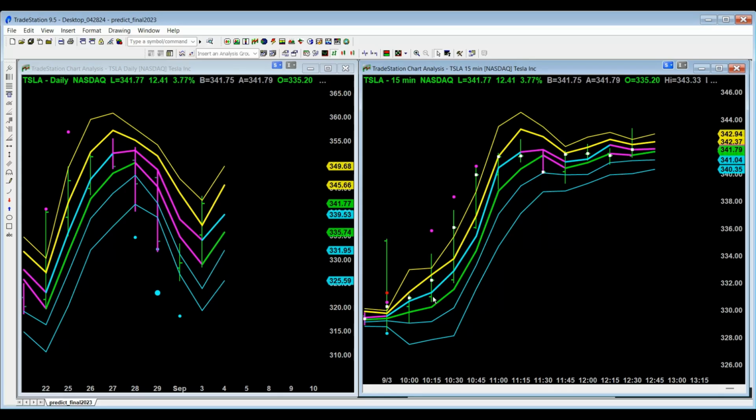And you see during the next several 15 minutes, it continuously increased all the way to the top yellow trend line. For each next 15 minutes, it opened relatively low above this green trend line or the blue support trend line. That means it has a good support.